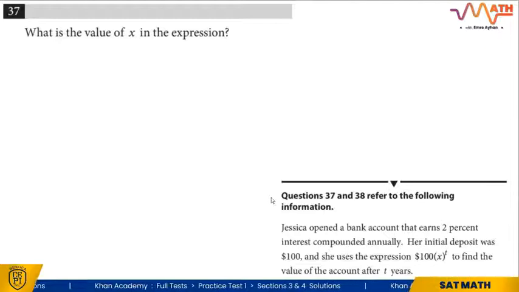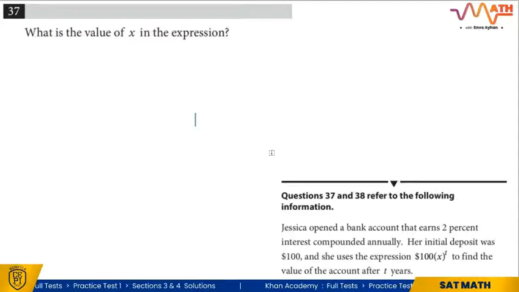So since it is 2% each year, x must be equal to what?